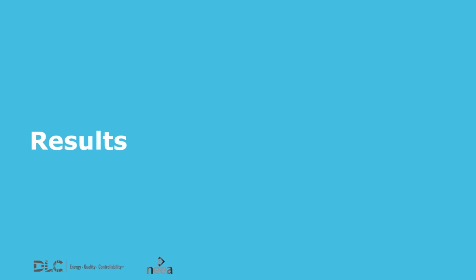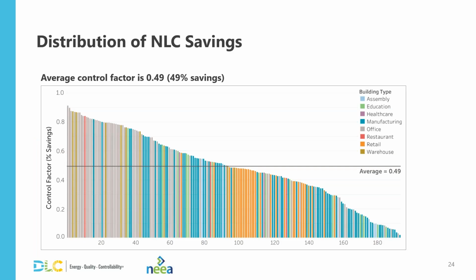So let's look at highlights of the results. As we have seen at the beginning of the webinar, the average control factor is 0.49 across all 194 NLC energy data sets included in this study. Here, we use control factor and savings interchangeably.